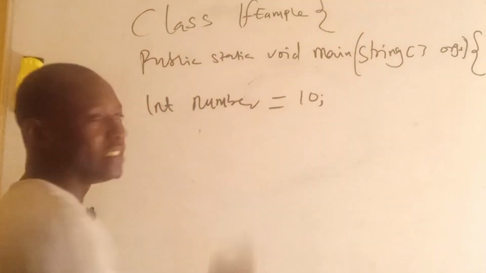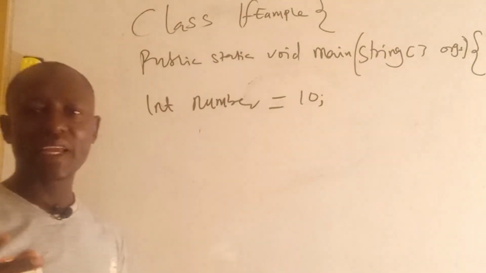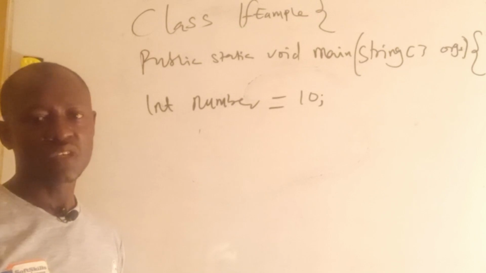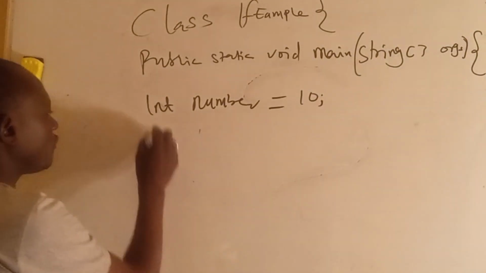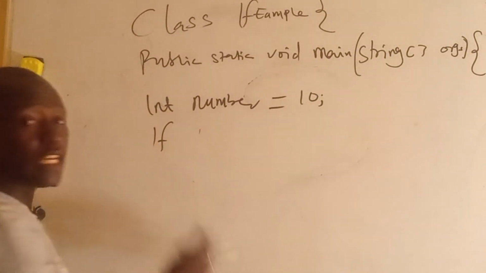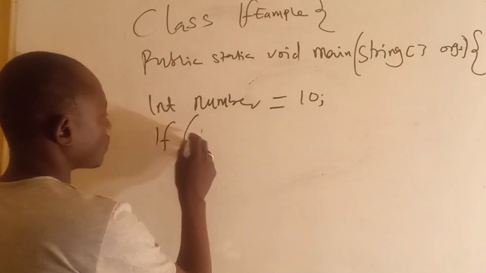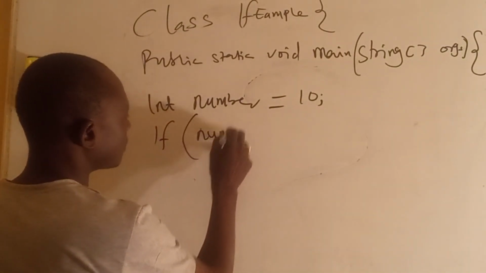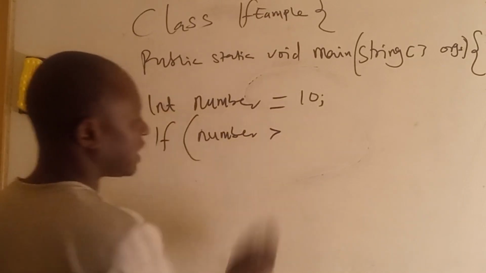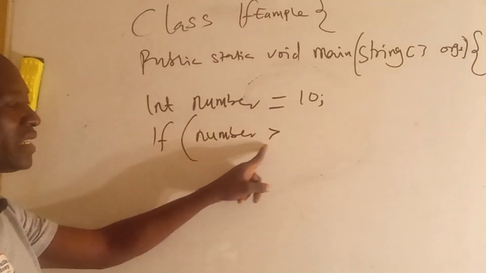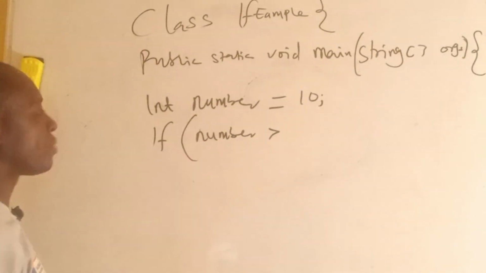So we end this. Now we are going to make a condition, to say if this very number that we have, if number is greater than 5. Remember our comparison operators.